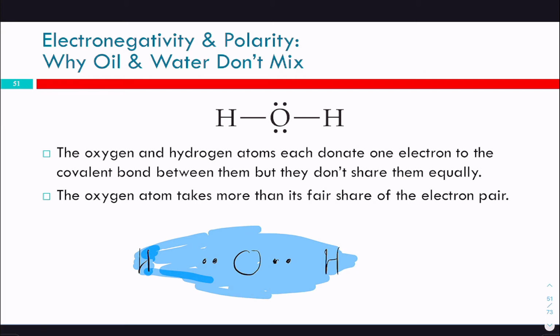So we get this difference in charge, and opposite charges attract. So if we had another, let's put our oxygen this way, and it's got hydrogens over here, and that's, again, unequally sharing its electrons. This one's going to be slightly negative, and this one's going to be slightly positive.